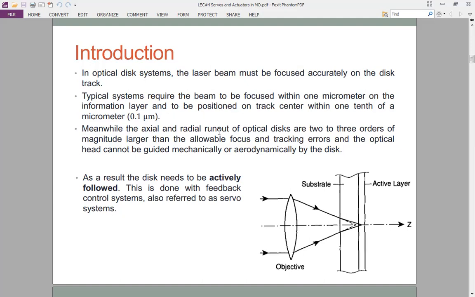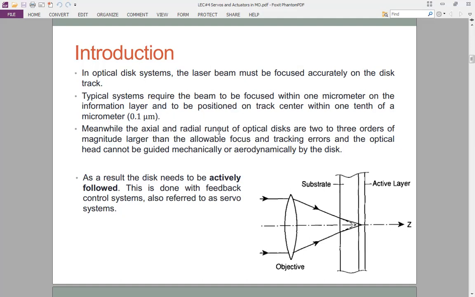So the big question is, if the requirement for a focused laser is 0.1 micrometer, and we have the disc moving about one micrometer radially or axially, how is it possible to ensure that a laser spot is always on the right spot within the track?